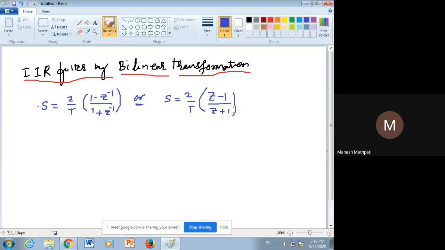So this is the transformation we are using for the bilinear transformation. Hope you understood why we are going for this bilinear transformation. Yes or no? Hello?